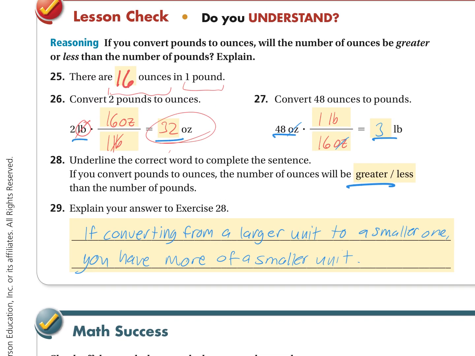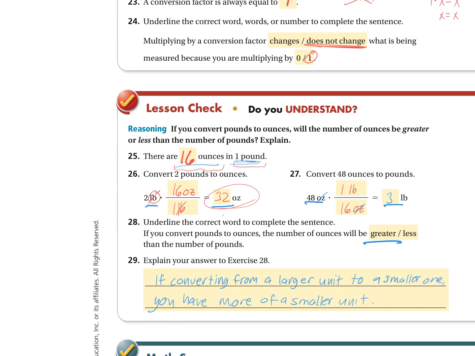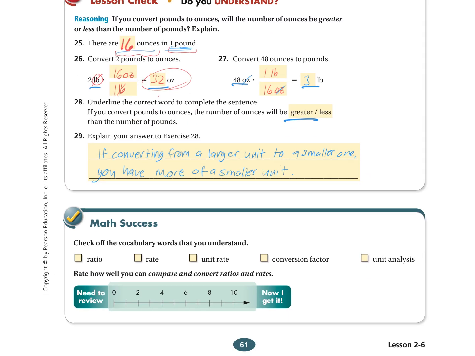So we see that there's 16 ounces in 1 pound. So 16 is our smaller unit, and we have more of those to reach 1 pound, which is our bigger unit. So it's going to be something like that.